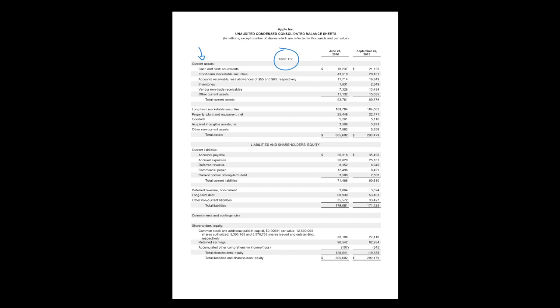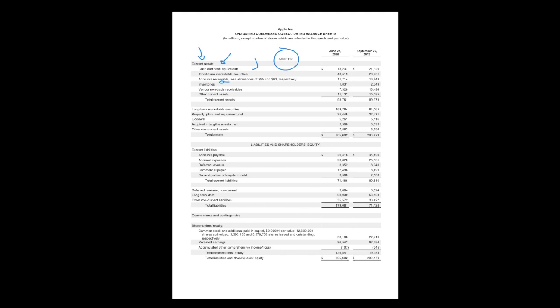And when I say more liquid, it's things that I can get rid of very quickly. For example, inventory. Inventory is something that I can sell very quickly and turn into cash. So liquidity is how fast I can turn things into cash. Cash is the most liquid asset possible. It's as liquid as it gets.